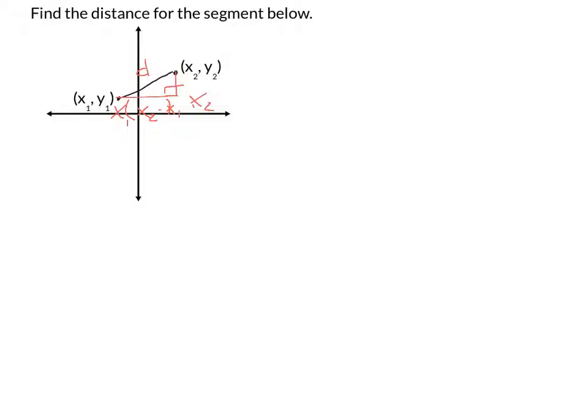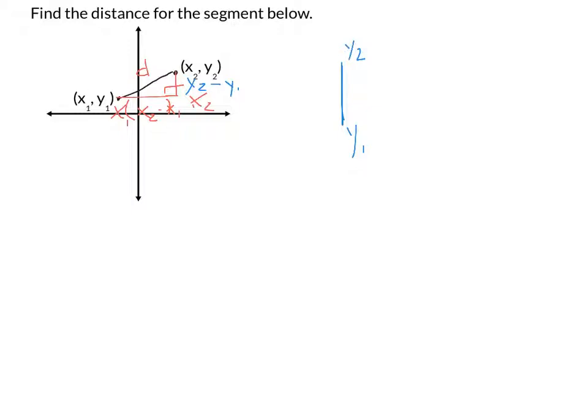Nice and sloppy. Going up and down, right, we have a y-coordinate on top of y2, and a y-coordinate on bottom of y1. And so its length, well, y2 has to be bigger, right? It's on top, so we can do y2 minus y1. And so we set up the Pythagorean theorem.